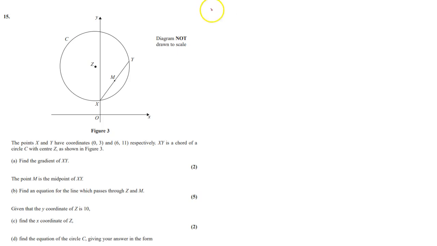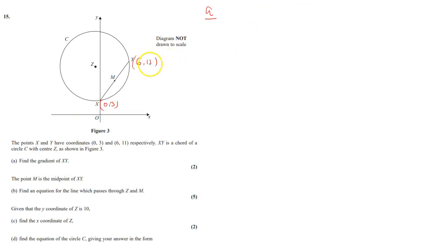Question number 15. A part. X and Y have coordinates 0, 3 and 6, 11. There is a chord of a circle. Find the gradient of XY.